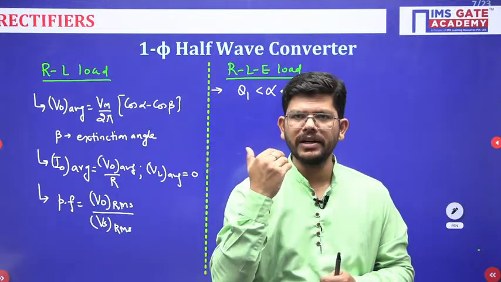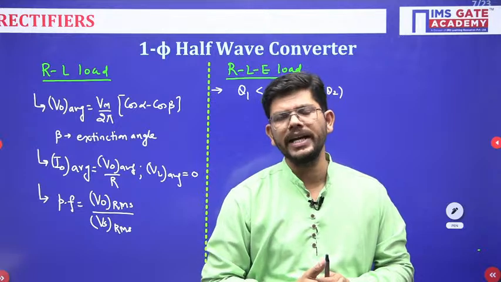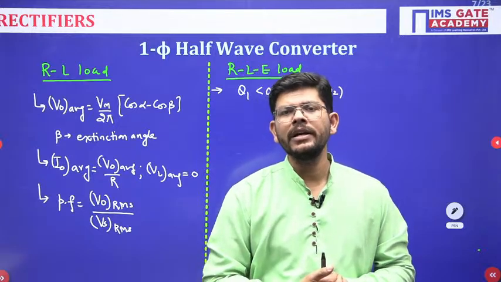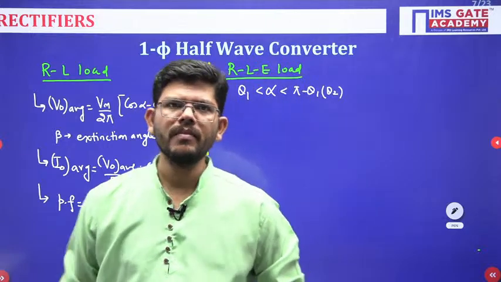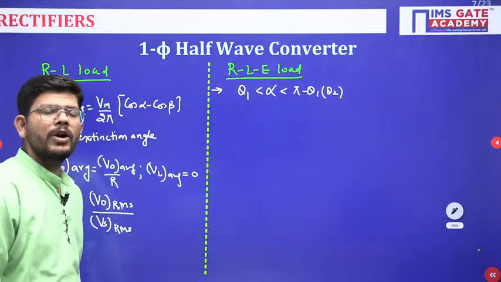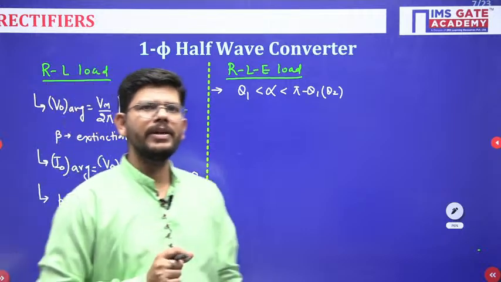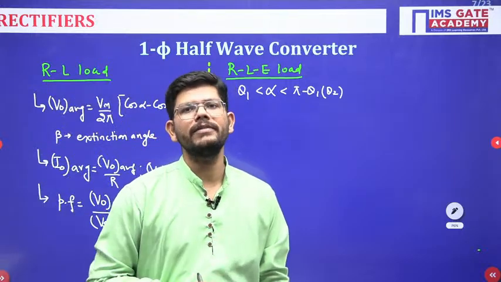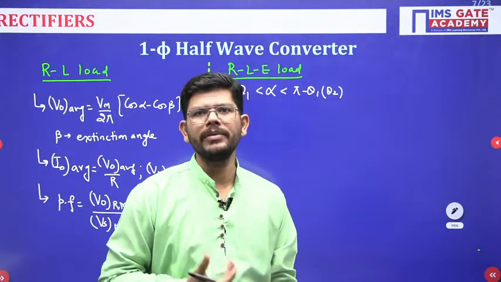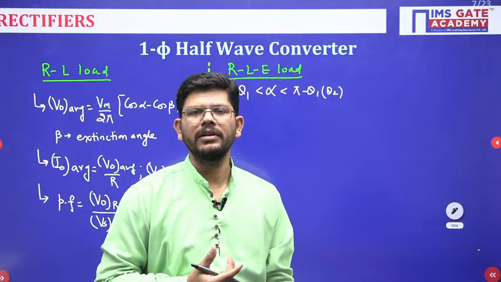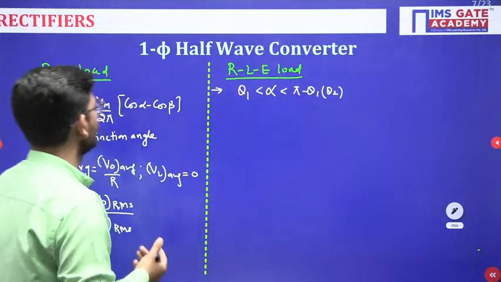We are trying to eliminate that negative spike, and that is the purpose of the freewheeling diode. If the negative spike is there, there will be power transfer from load to source, so we need to eliminate that. Is that clear?